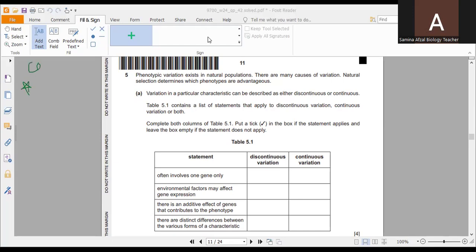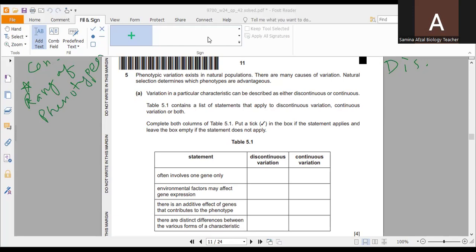We will write continuous on this side. Continuous variations show a range of phenotypes, so the variations originate in every generation.